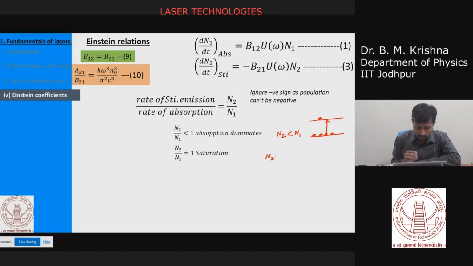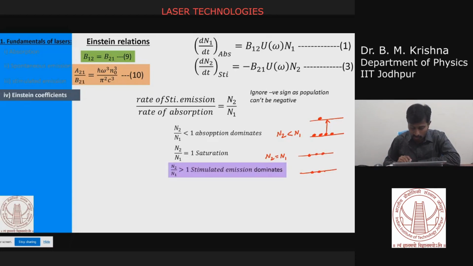equals 1. That means n2 equals n1. In this condition, it is the saturation condition, which we will discuss in the coming slides. The next one: n2 by n1 is greater than 1.